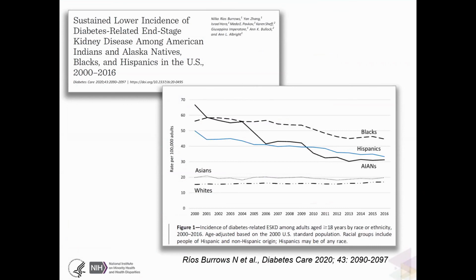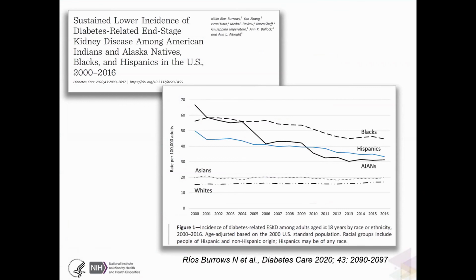Nonetheless, by 2016, the end year of the analysis, although 3 of the populations had experienced significant decrease in incidence, still their incidence was 2 to 2.5 times higher than for non-Hispanic whites. So a reason for celebration, but a reason still to promote treatment and prevention and explore how else we can improve these outcomes.